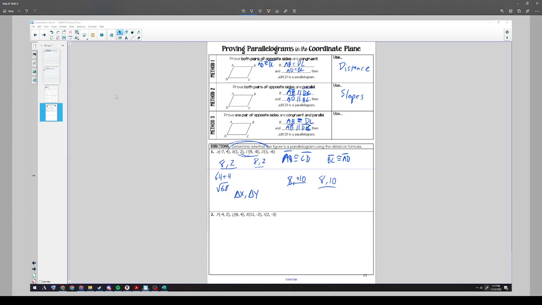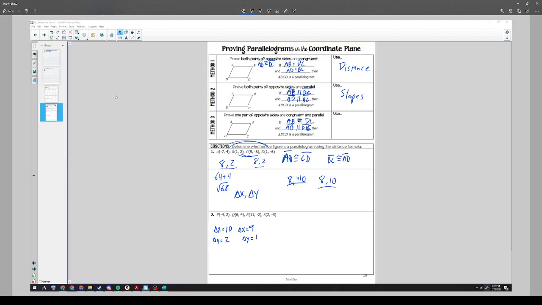From -4 to 6, my change in x is 10. And from 2 to 4, my change in y is 2. Then for RS, my change in x is 9, and my change in y is 1.